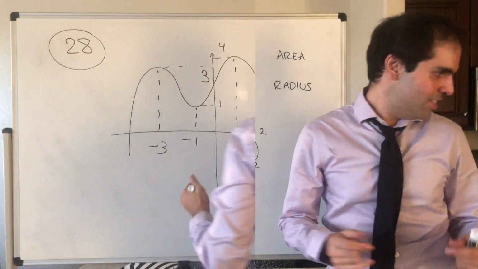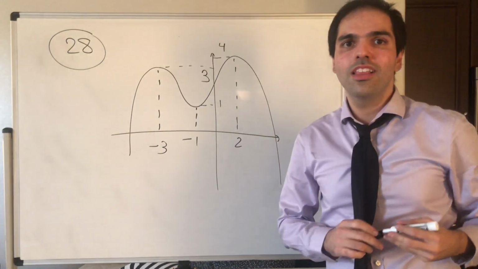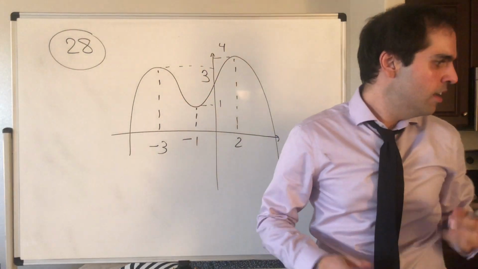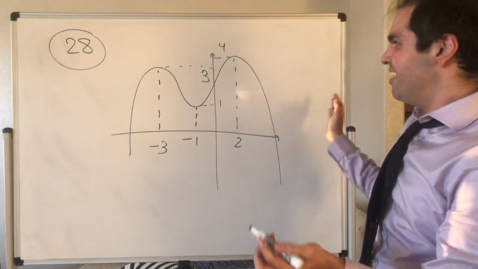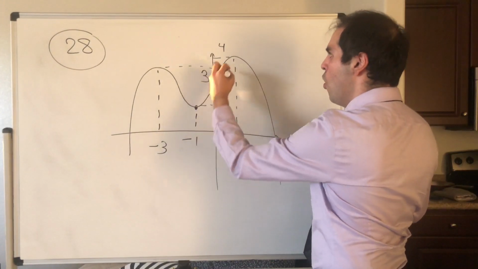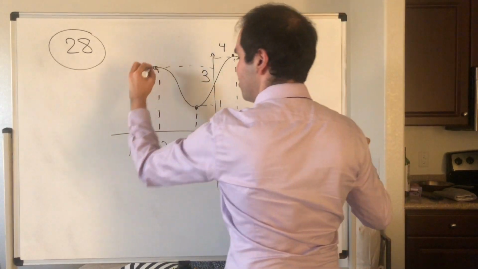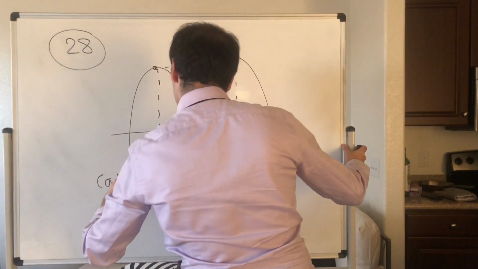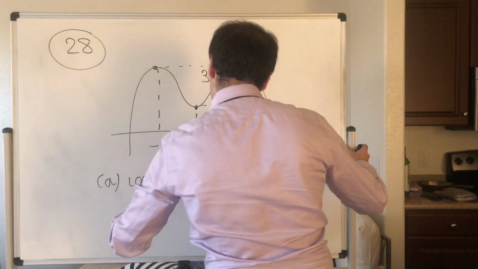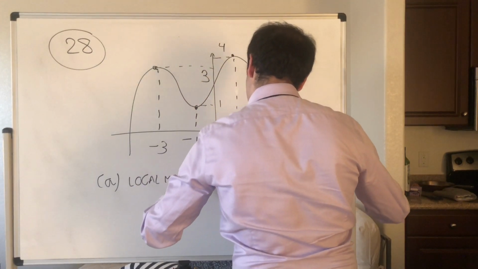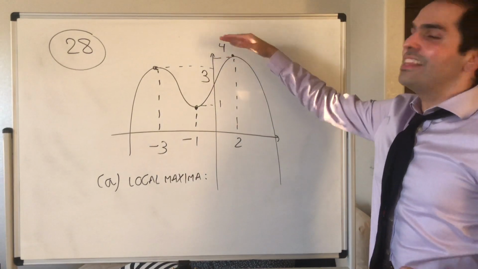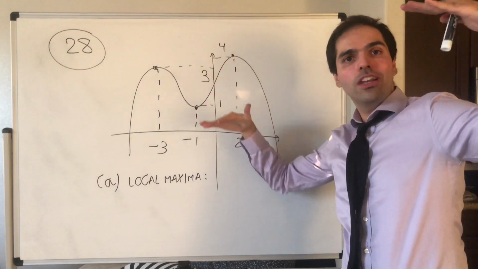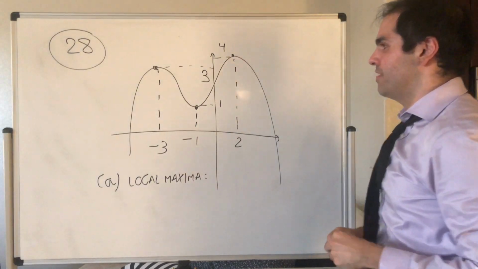All right, next question. The next question has to do with local maxima and minima. So the first question is, for this function, find all the local maxima of this function. Maximum or maxima, that just means the highest points or the highest altitudes of this function.